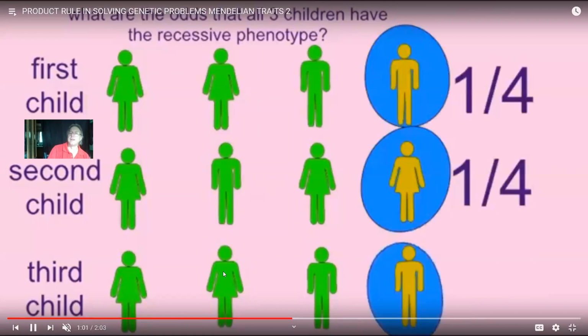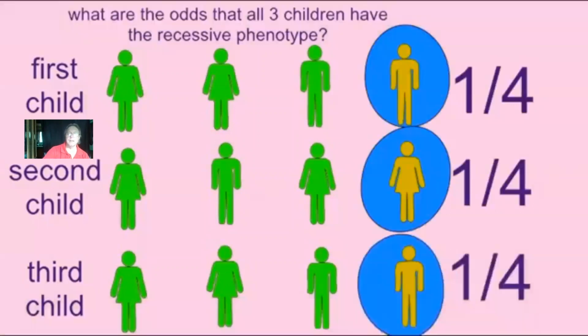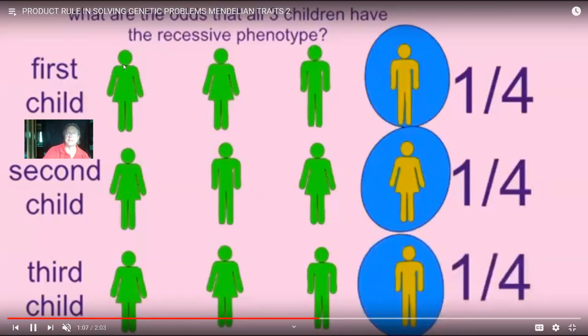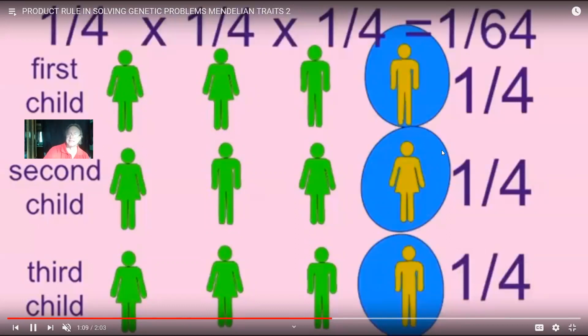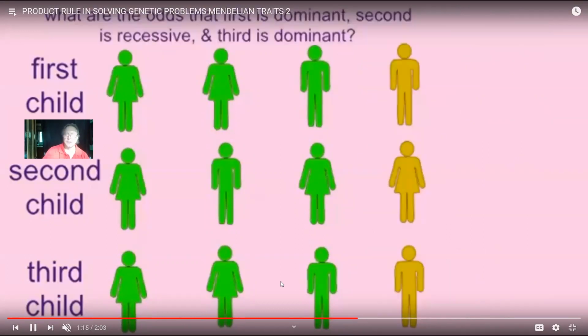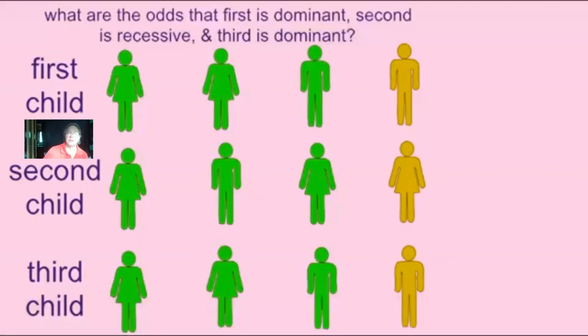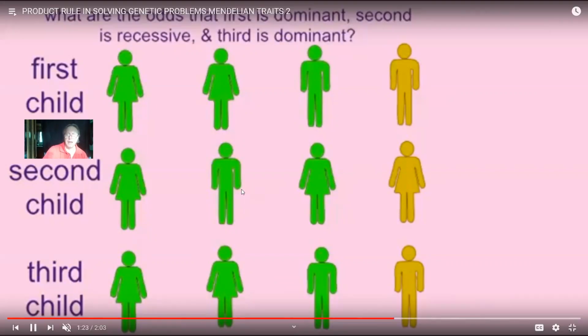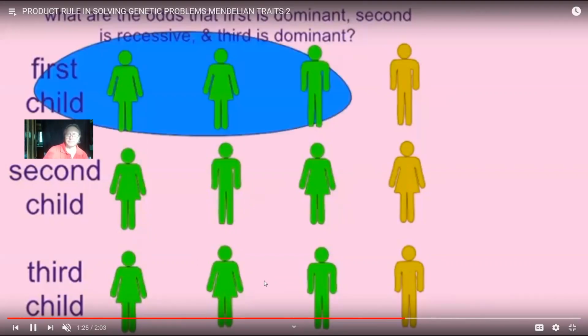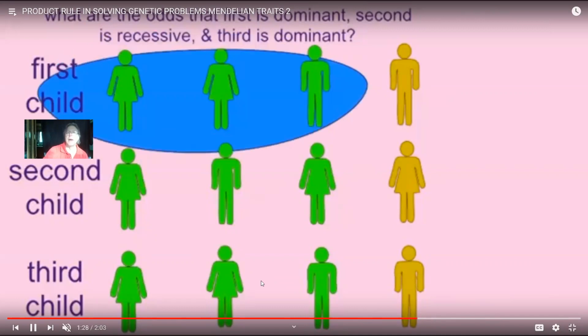And then obviously you could ask other combinations, like what are the odds that the first child would have the dominant trait? That would be 3/4. The second child would have the recessive trait, that would be 1/4. And the third child would have the dominant trait. So whatever combination you ask, you would ask, what are the odds of this combination, that combination, then that combination, and then you would multiply those together.